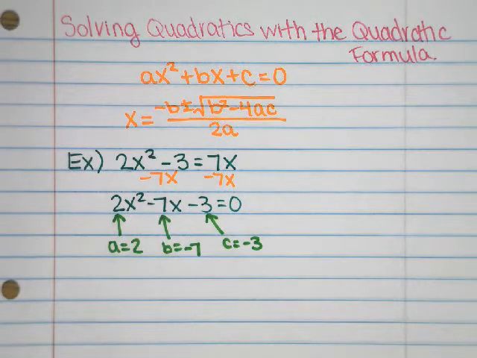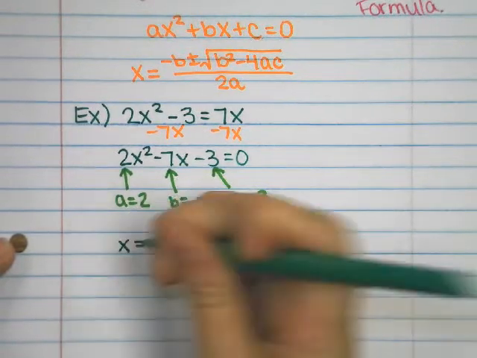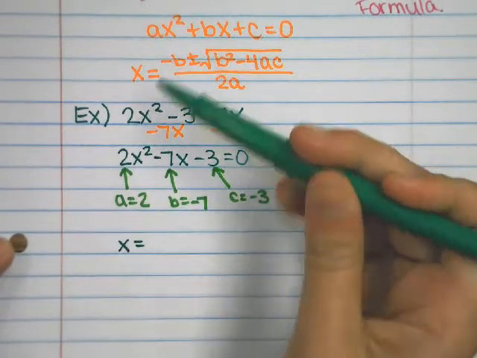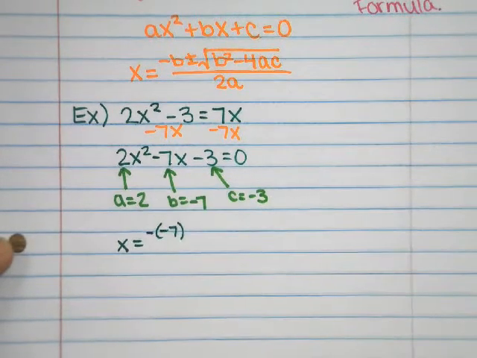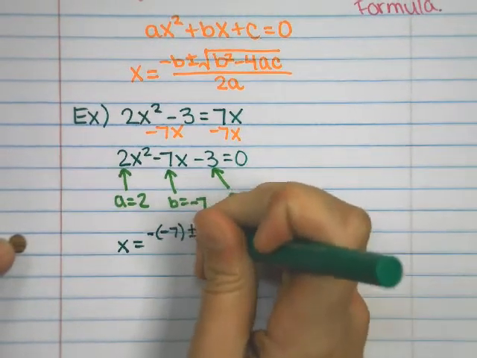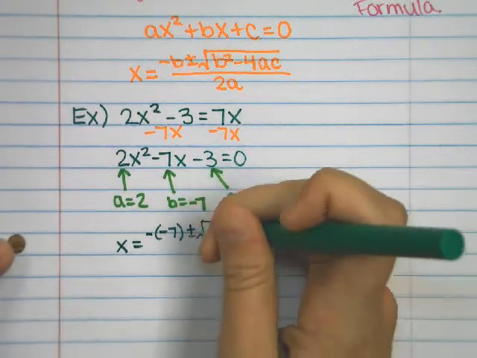At this point, we need to take these numbers and substitute them back into the quadratic formula to find our solutions. The trickiest part is going to be trying not to make an algebra mistake. So I'm going to start with x equals. I have negative b, so I have a negative 7, plus or minus the square root of b squared.